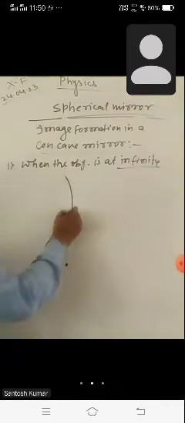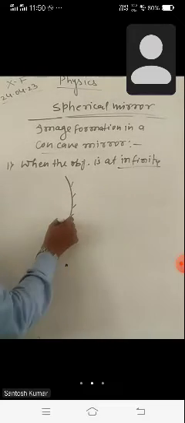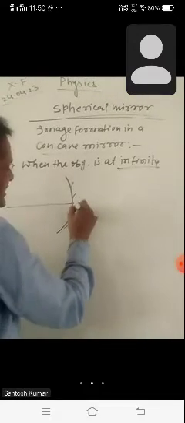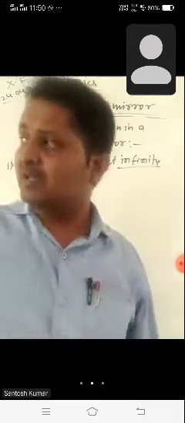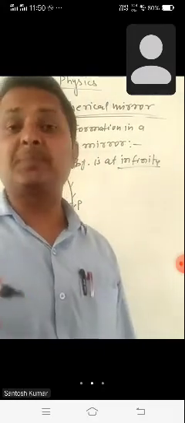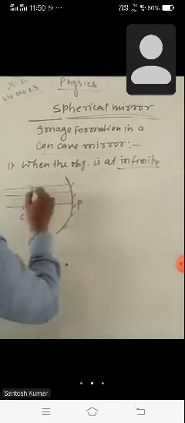What you have to do is draw the diagram and write the nature, position and size. This is P, this is F, this is C. If any object is at infinity, the light rays coming from infinity are considered to be parallel. So the parallel light rays are coming from infinity. These are the parallel light rays. It means the object is at infinity.